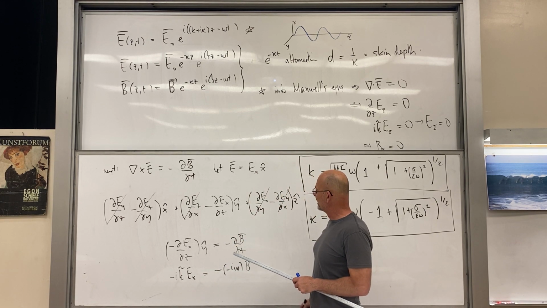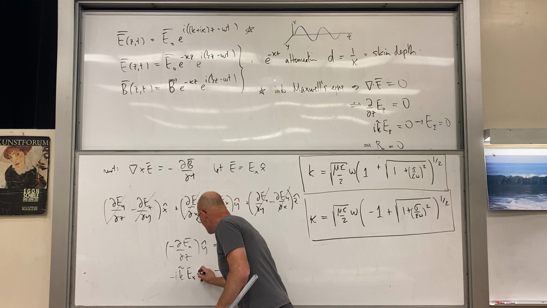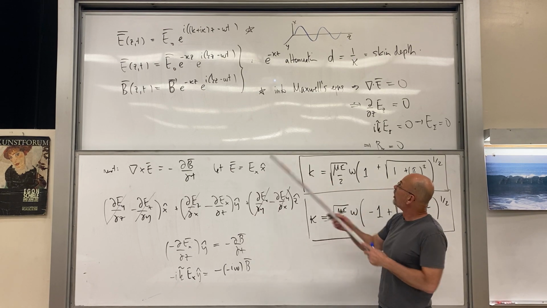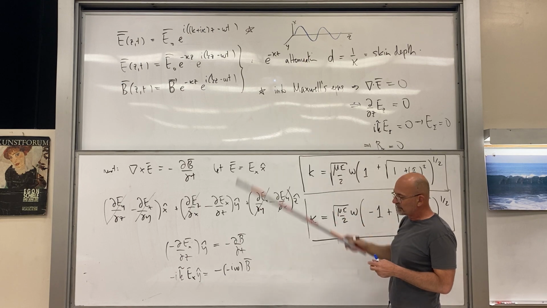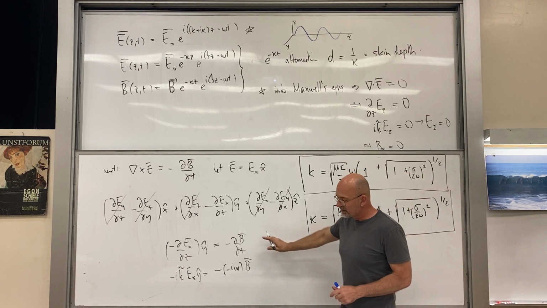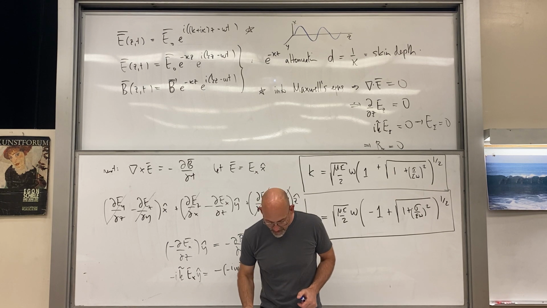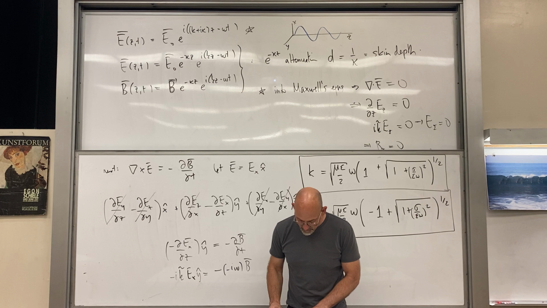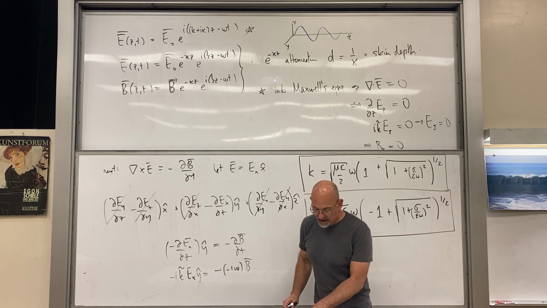This was y hat. So the polarization of B is in the y direction on my little picture there, just as it was before. The only difference we're going to find is a phase lag. So let's wrap it up with that. So i k tilde E_x y hat minus i omega B hat.